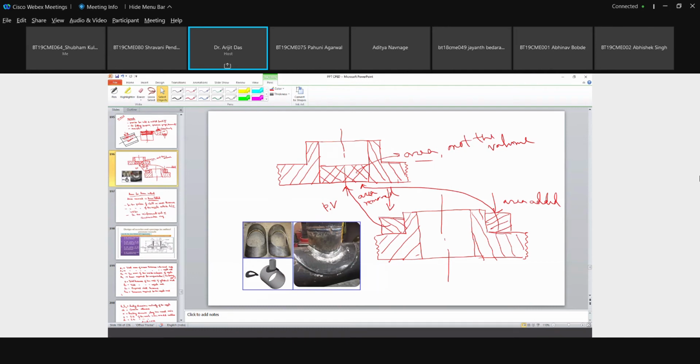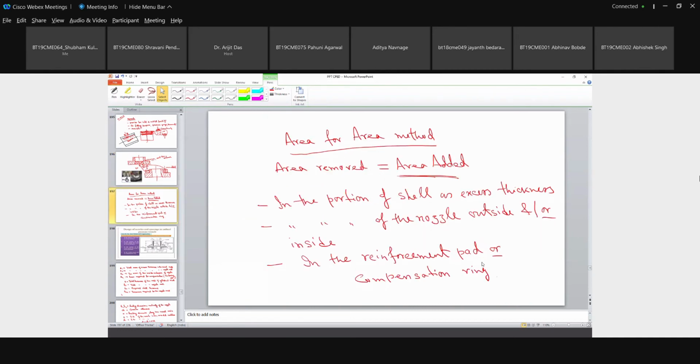externally and internally also we can provide. So we can also provide the area internally, within the cell, okay. Then in the form of reinforcement pad or compensation ring, what I have told.